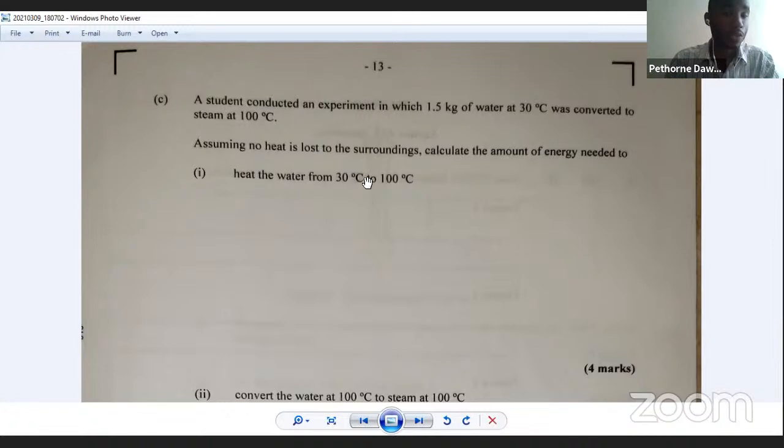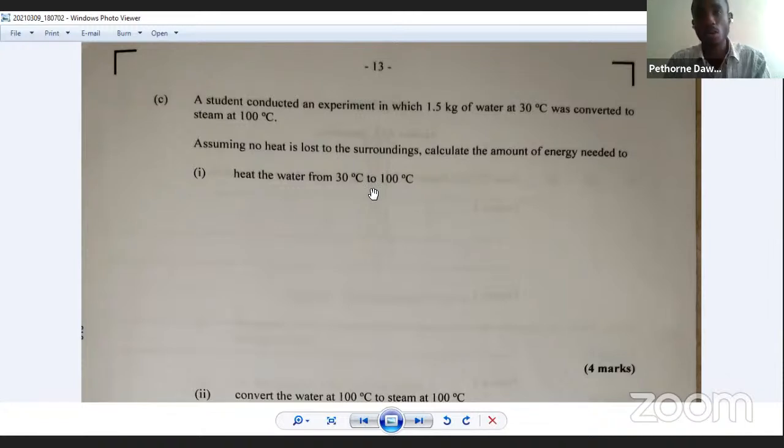Now, the temperature change you can find in the last part of the question, which says heat the water from 30 degrees to 100. To find temperature change, we must subtract the final temperature of 100 from the initial temperature of 30.